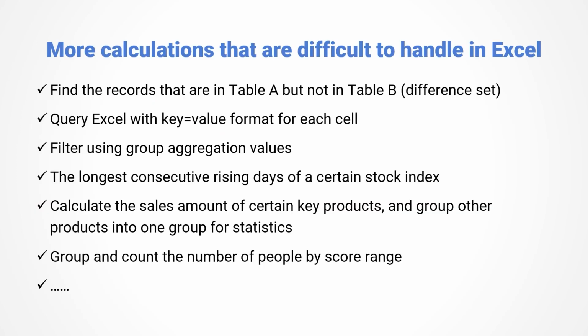In the workplace, there are still many calculations that are difficult to handle in Excel, which originally require manual operation and are time-consuming and laborious. Using SPL plugins to make up for the shortcomings of Excel can easily solve these problems with just one line.